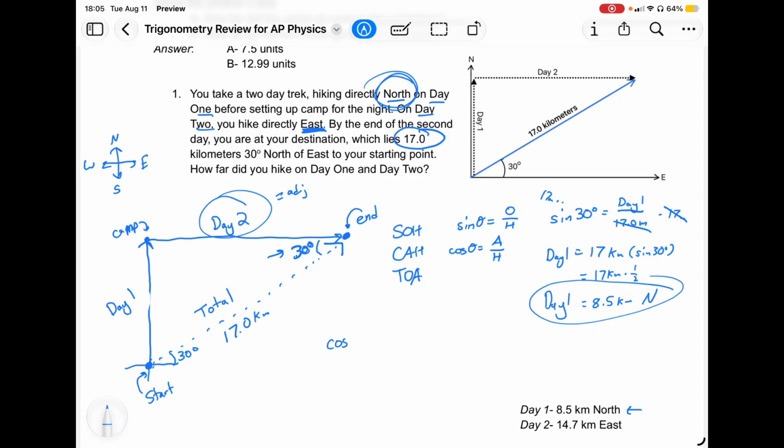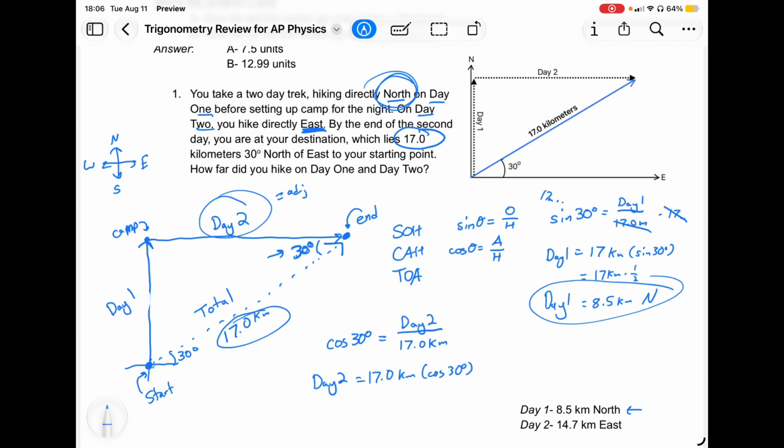So cosine of 30 degrees equals adjacent, which is how far we went on day two, I'm just calling it day two right now, divided by our hypotenuse, which is 17.0 kilometers. So day two's distance will equal 17.0 kilometers times cosine of 30 degrees.